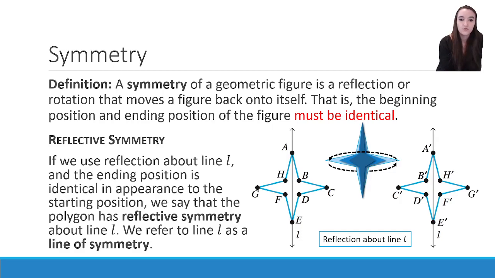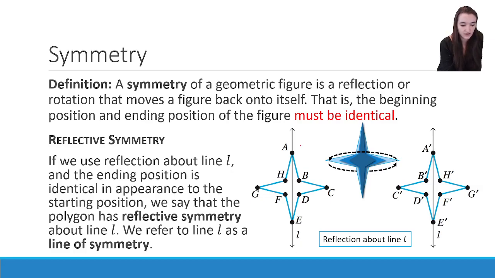Reflective symmetry occurs when we use a reflection about line L and the ending position is identical in appearance to the starting position. We say that the polygon has reflective symmetry about line L, and we refer to line L as a line of reflection.